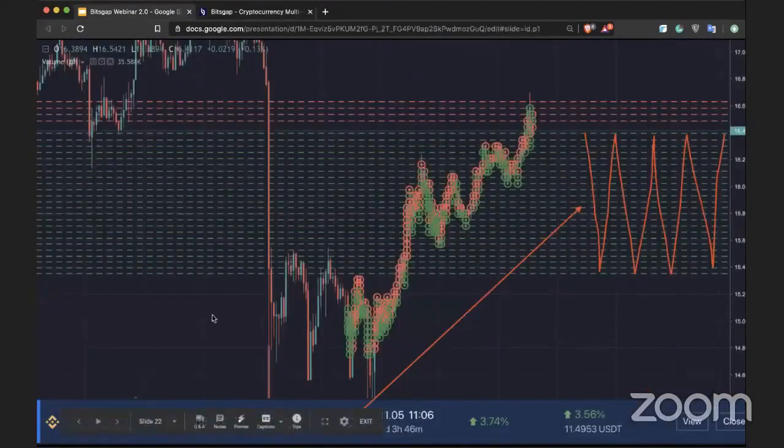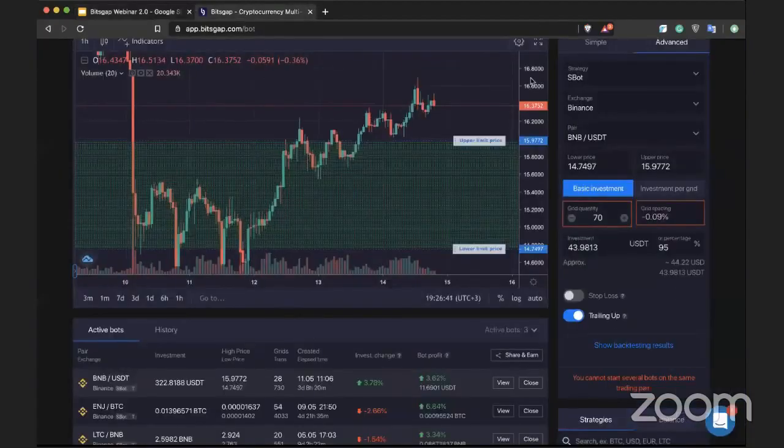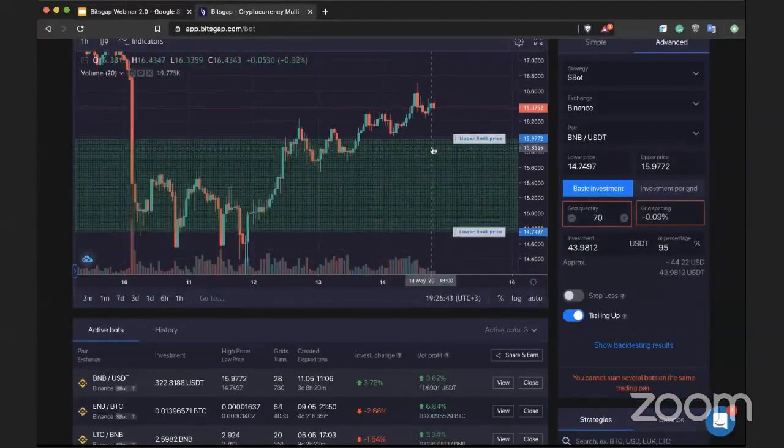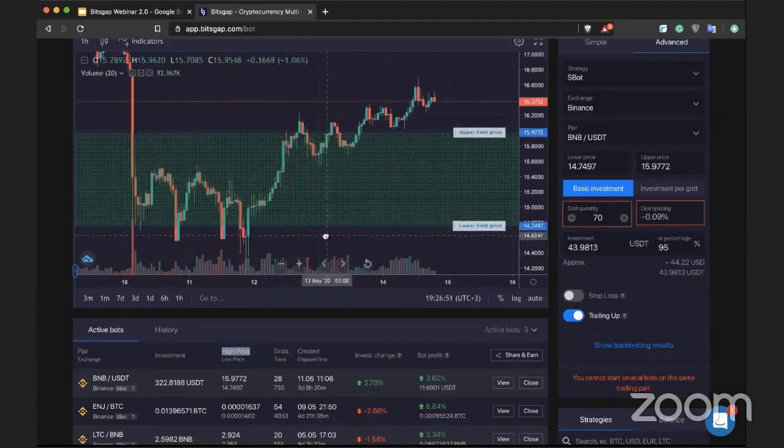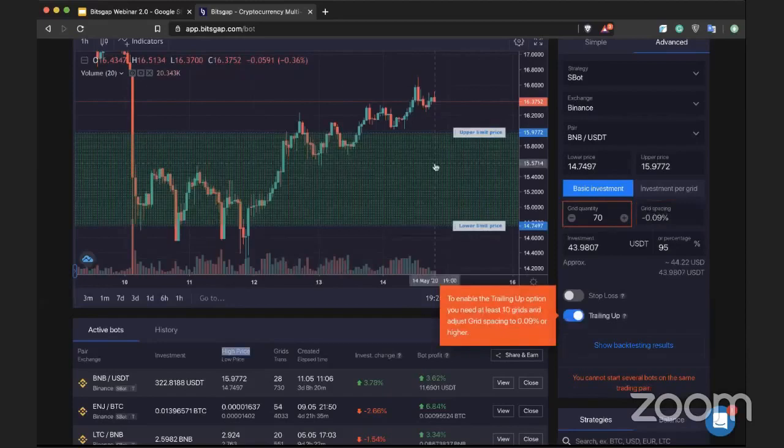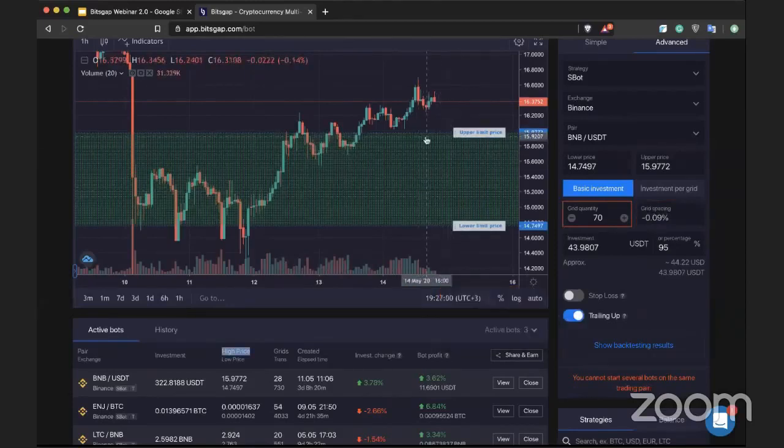And as I have the trailing up function on, that means that my trading range, to remind you, is defined by the upper limit price and the lower limit price. So with trailing up function on, I have my trading range moving in tandem, together with the price appreciation.